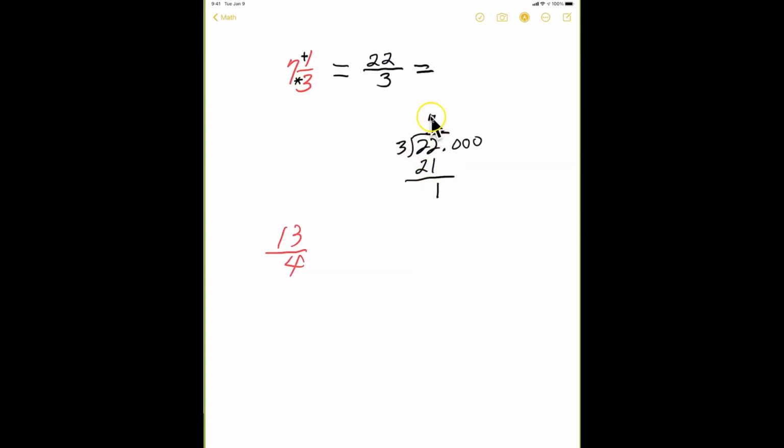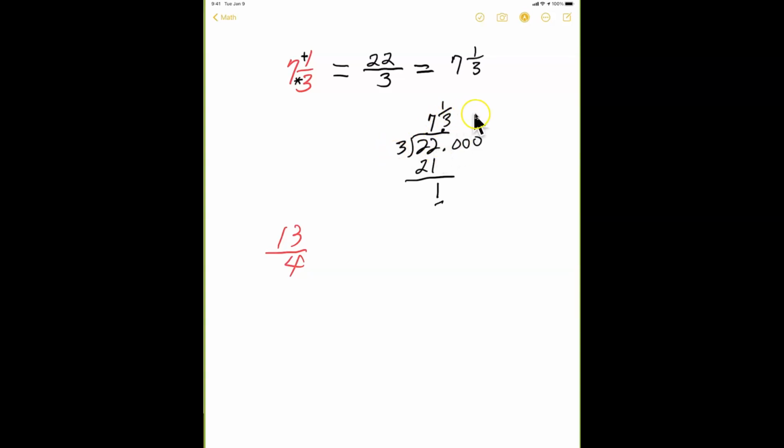So we had 7 whole units divided into thirds, and then we have 1 odd piece left over. So we just take the whole units, how many pieces were left over, that was the 1, and then this 3 is our unit. So 7 1/3. So this converts back to 7 1/3.